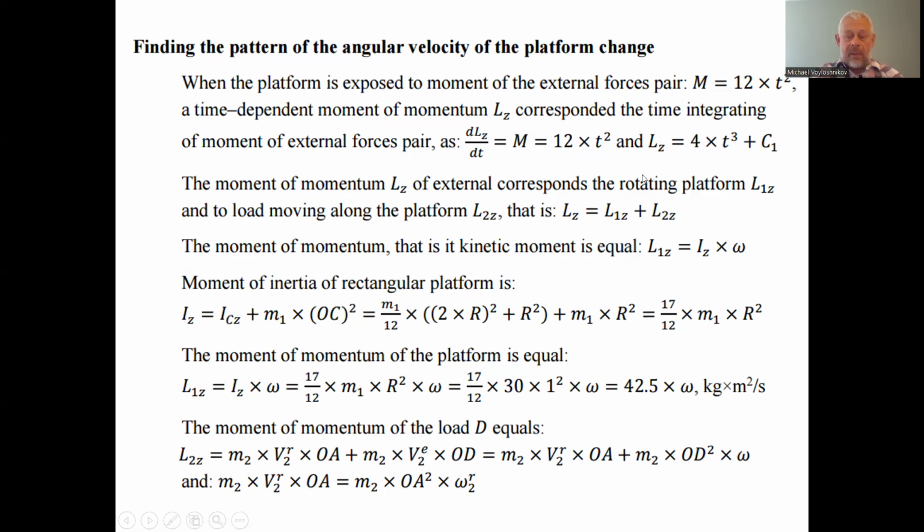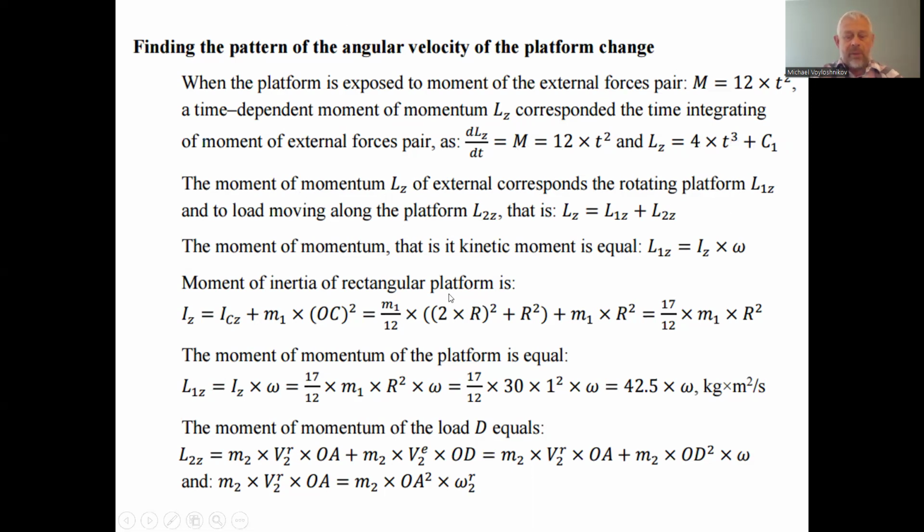And then after integration of this equation, we find that the magnitude of the momentum or kinetic moment equals 4 by t to the power of 3 plus c1. c1 is a definite constant of integration. It's the subject of our next definition.